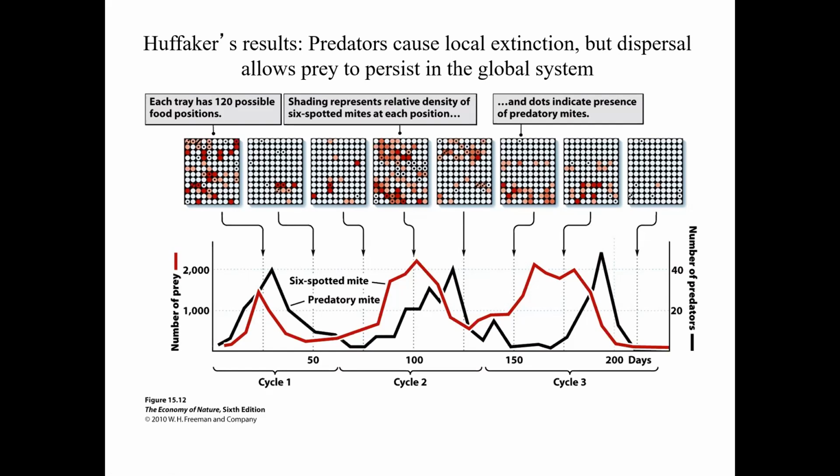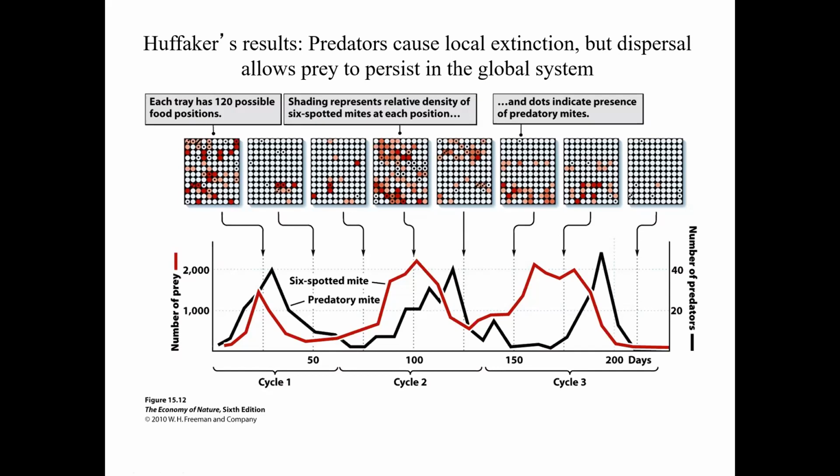Every time a predator would colonize one of these, like right here, every time the predator would get into a population of mites, the mites are continuously dispersing all over this array. And by finding another orange a few oranges away, they could escape their predator.